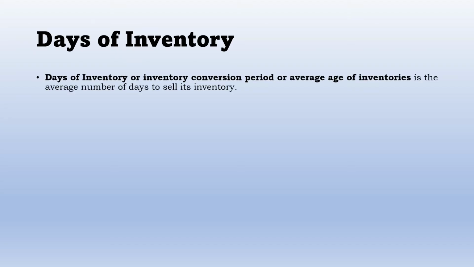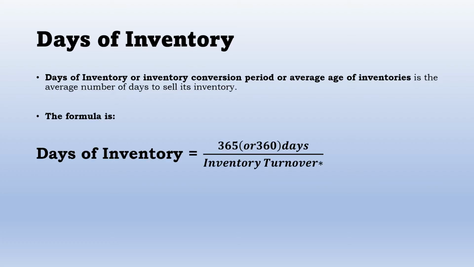Now let us know what days of inventory is and its formula. Days of inventory, or inventory conversion period, or average age of inventories, is the average number of days to sell its inventory. The formula is: days of inventory is equal to 365 or 360 days divided by inventory turnover.